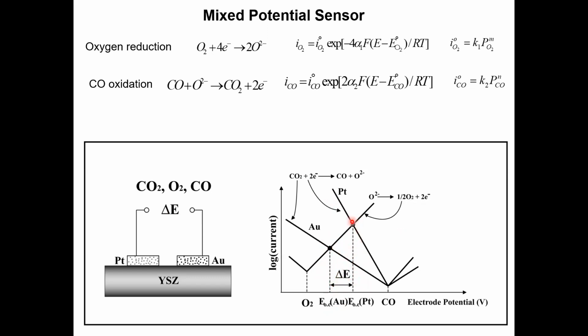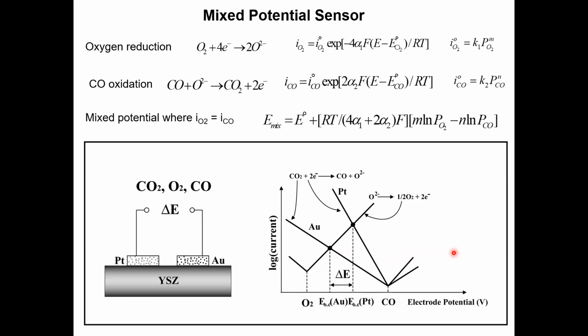The higher slope means the reaction rate is going to be different, so you can actually study this kind of mixed potential type behavior. You can actually choose your catalytic material, whether a slowly reactive catalyst or a highly reactive catalyst.